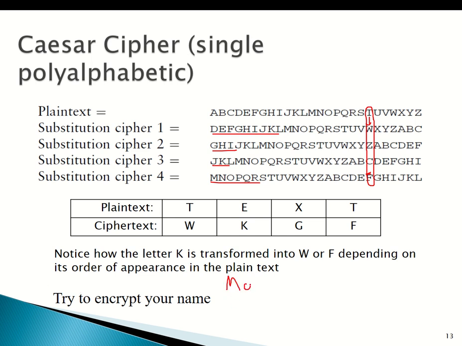All right. Let's say my name is Monther. I'm going to use the second shift, let's say. Okay, quickly I'll do it. So the M here with the second shift, where's the M? M with the second shift is S. Okay, and the O is U, and the N is T, and the T is Z. I'm using the second shift.